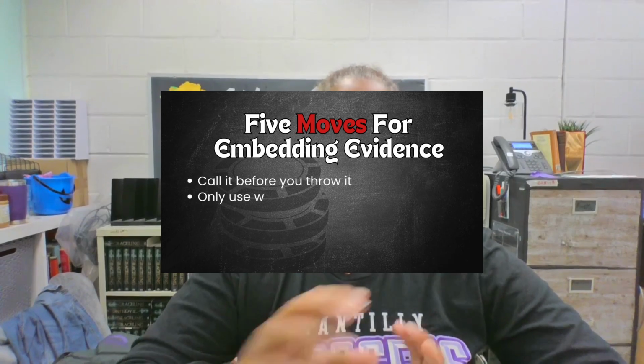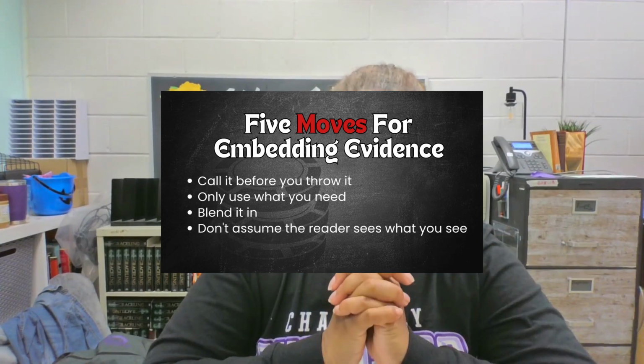And then blend it in. The kind of ironic thing about this is the better you are at selecting your quotes and being selective about how much of the quote you actually need, the easier it is to make it flow in your writing because you're just making it part of the sentence.